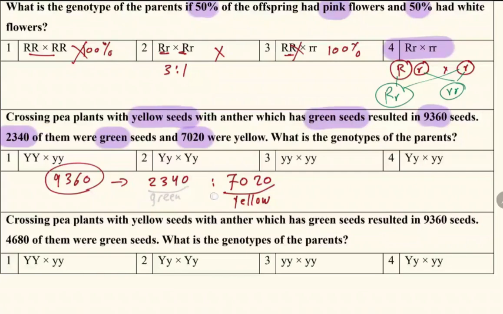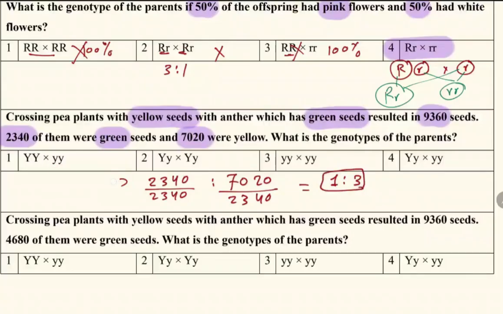Let's see it from another way. If I find the ratio, if I divide this over 2,340, I'm going to get 1, 2, 3. So which genotype will give me 1 to 3? The first one here, is it going to give me this ratio? No, it's going to give me 100%.